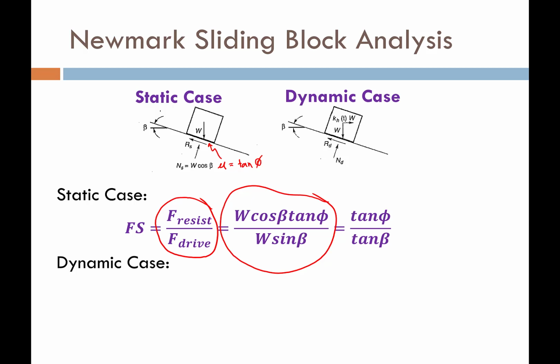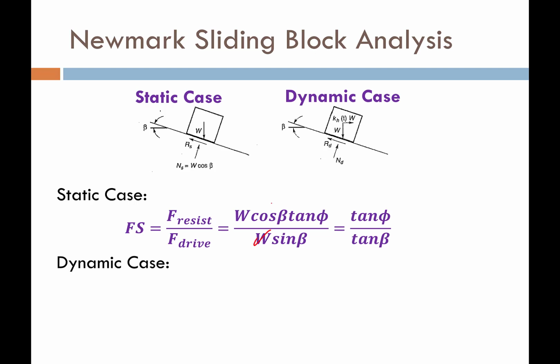What we need is the friction along the base of the soil, which is the friction angle. So this tangent of phi really is the frictional coefficient mu. We can calculate using this ratio.